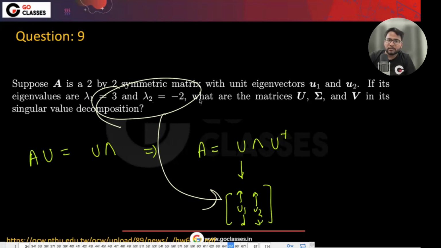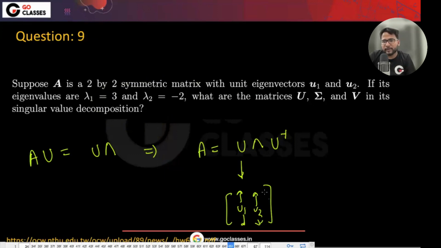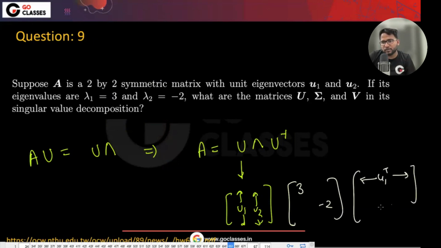They are saying that these are the unit vectors, so the length is 1. So that is why this is okay. This is 3, -2, and then U inverse is just U transpose. So it is U1 transpose and this is U2 transpose, right? So like that, you can get your A.